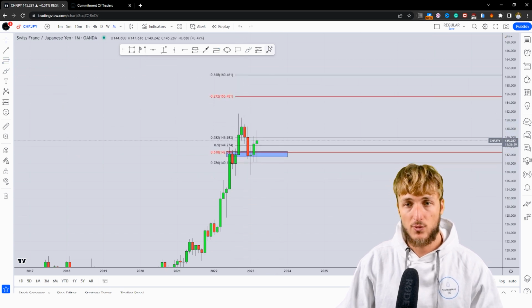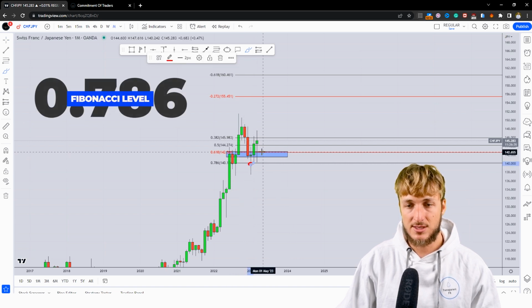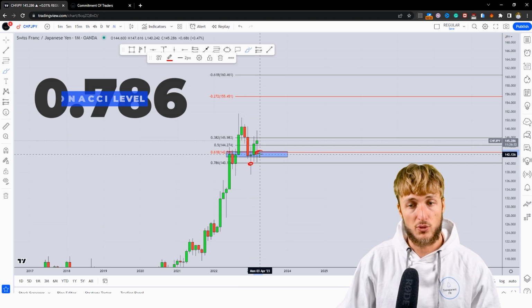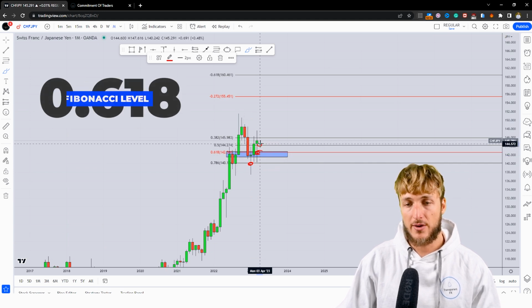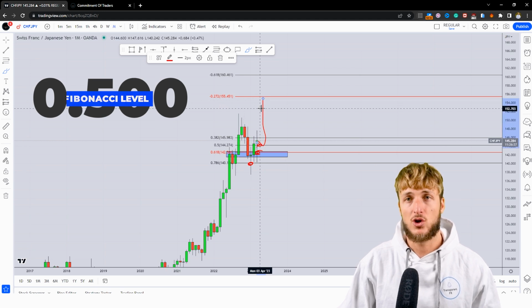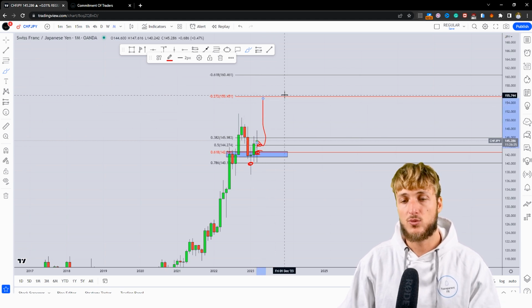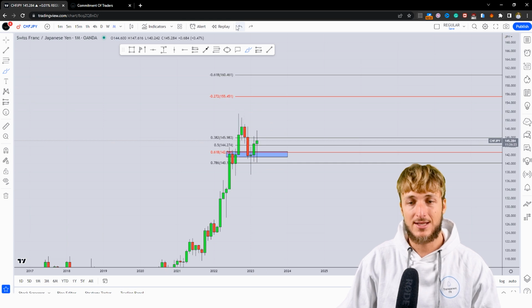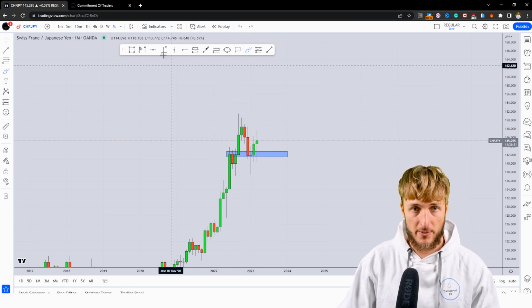And if we do that, we can see how we have a market which has first tested at 0.786, then tested at 0.618, and now we are around the 50%. So essentially we're moving step by step, testing all the Fibonacci levels, and we could expect more bullish price action to be created away from this area.